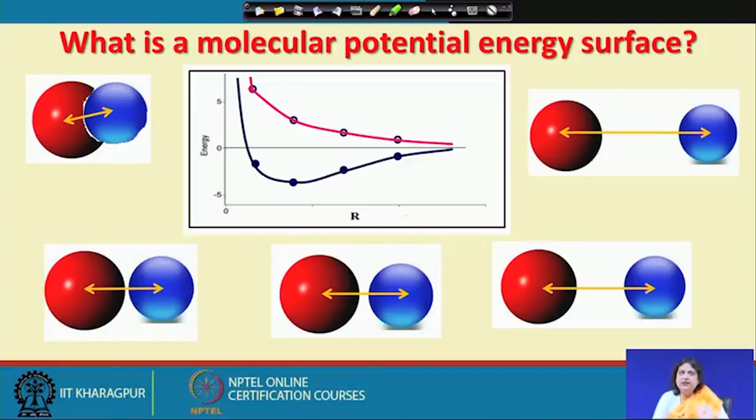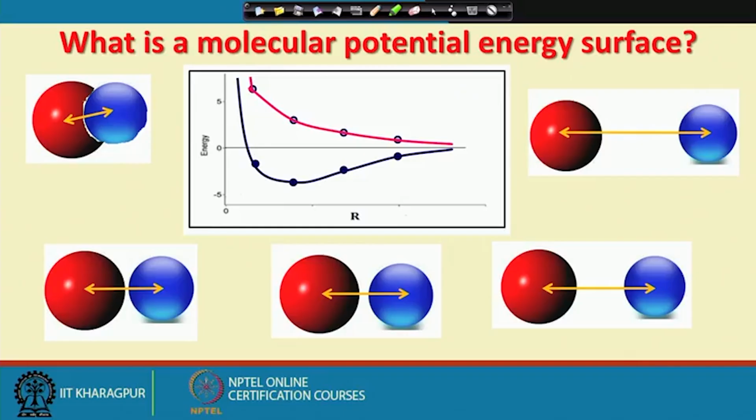This is possibly the simplest representation of a potential energy within a molecule when I am changing their relative geometry. If I have a more complicated polyatomic molecule, in addition to R, I need many more parameters, and the potential energy curve does not remain a one dimensional curve.